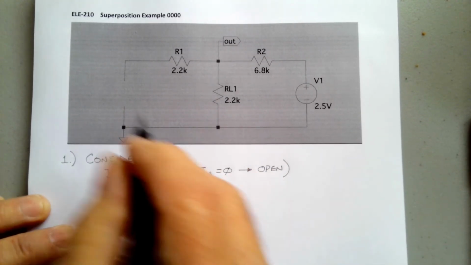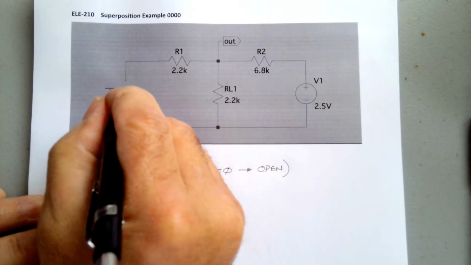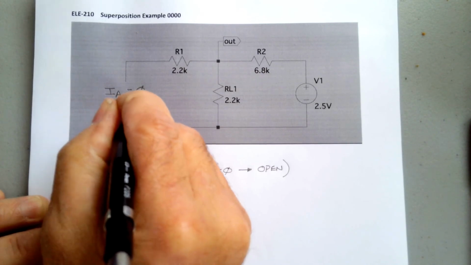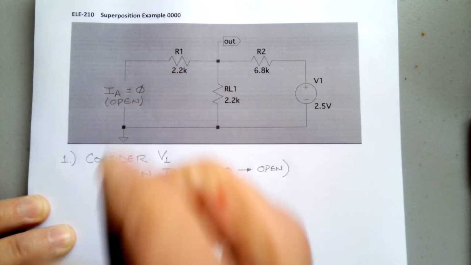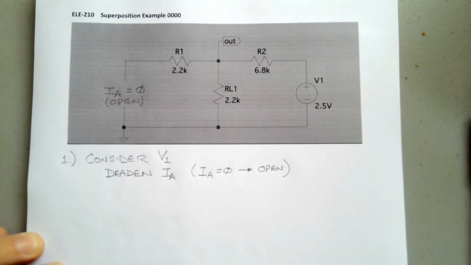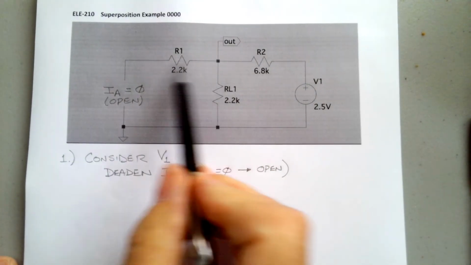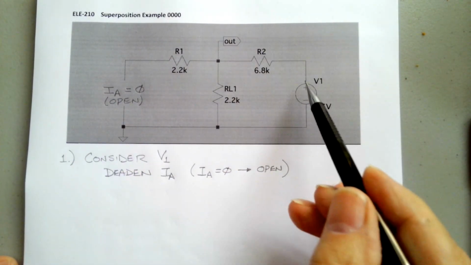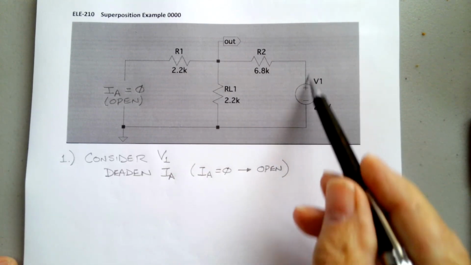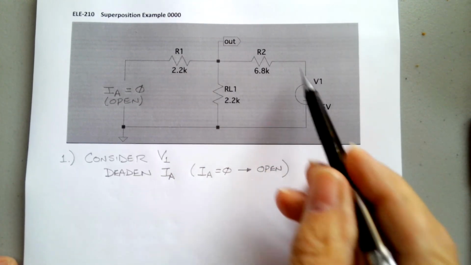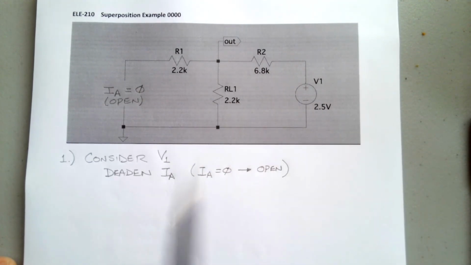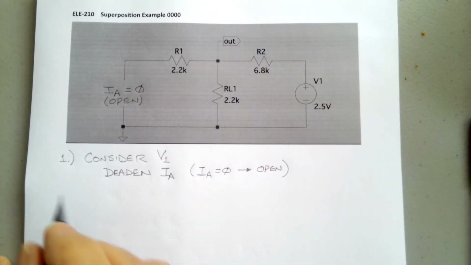You can see right here IA equals 0, and that's your classic open circuit right there. This resistor is just dangling off into space, and so no current can flow through it. So we really just have a voltage divider problem with 2.5 volts dropping across R2 and RL, our load resistor.